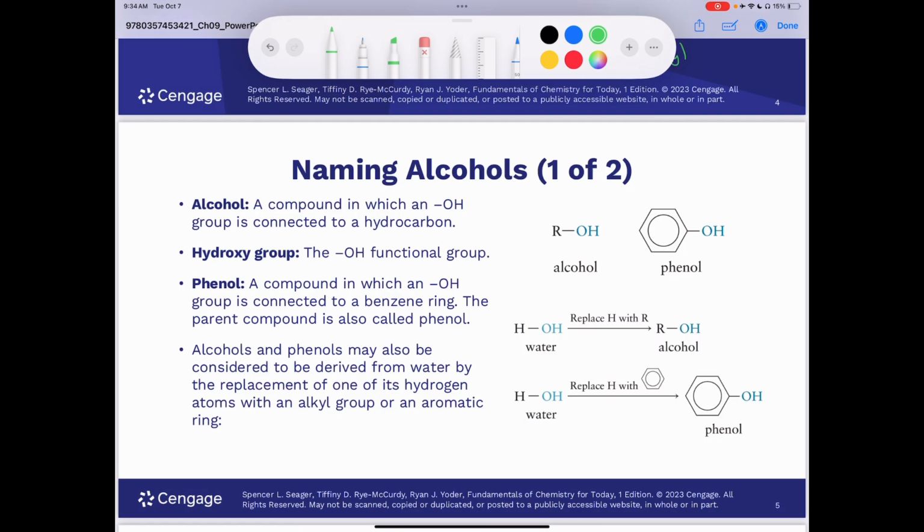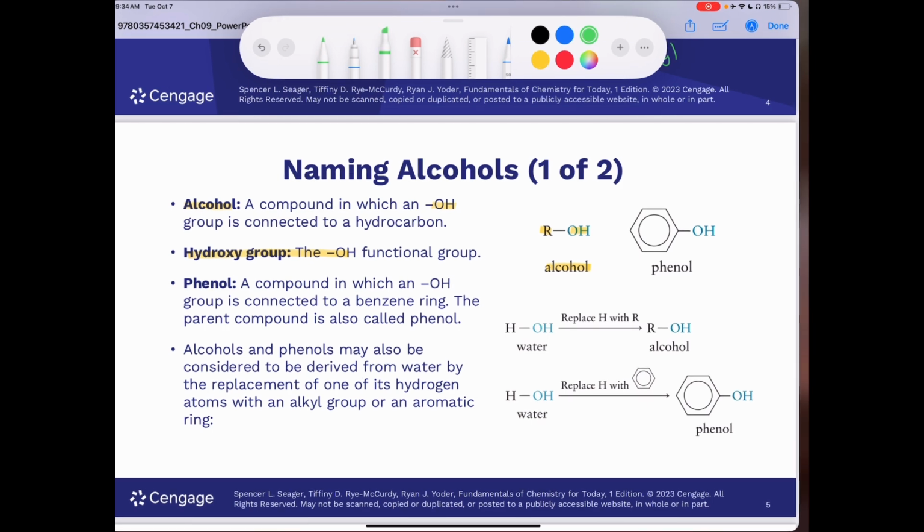And like I just said, what's an alcohol? Well, an alcohol is a compound that has a hydroxyl group connected to a hydrocarbon. If we have a hydrocarbon, represented by our R group here, and then our hydroxyl, we call that an alcohol. You heard me mention hydroxyl or hydroxy, same thing, it's just the OH functional group.